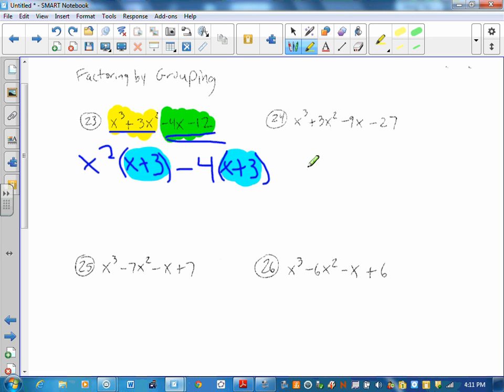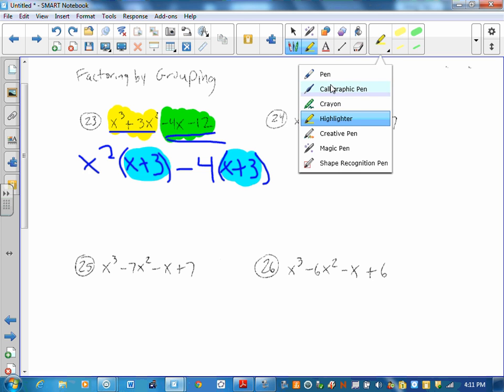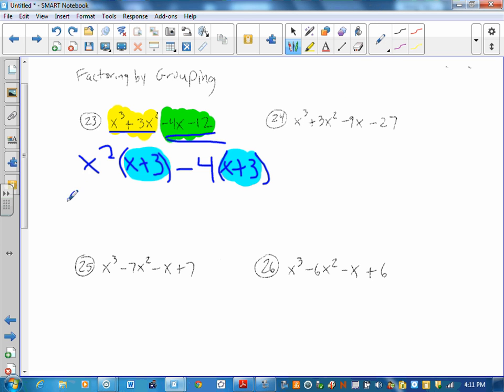It's like, hey, those are the same. Amazing. So we factor those to the front. We get x plus 3. And since we're taking the x plus 3 to the front, what's left over? Oh, x squared. I take this to the front here, the minus 4 is left over.